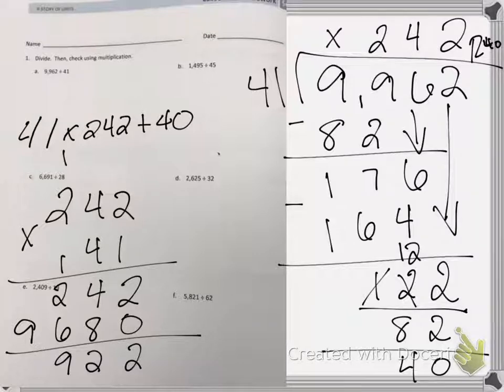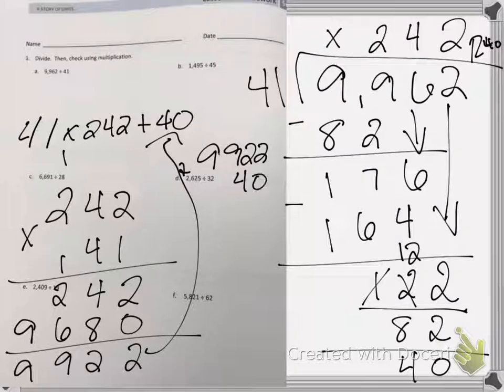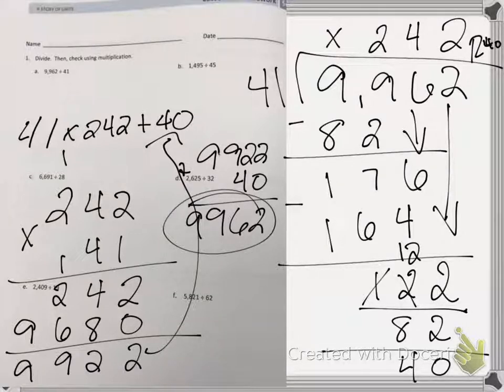I'm always catching myself. 9,922. So now I have 9,922, but I need to add that 40 to it. I know that's going to give me 9,962, which is correct. All right, so we got this one right. So let's write that down. 242 remainder 40.